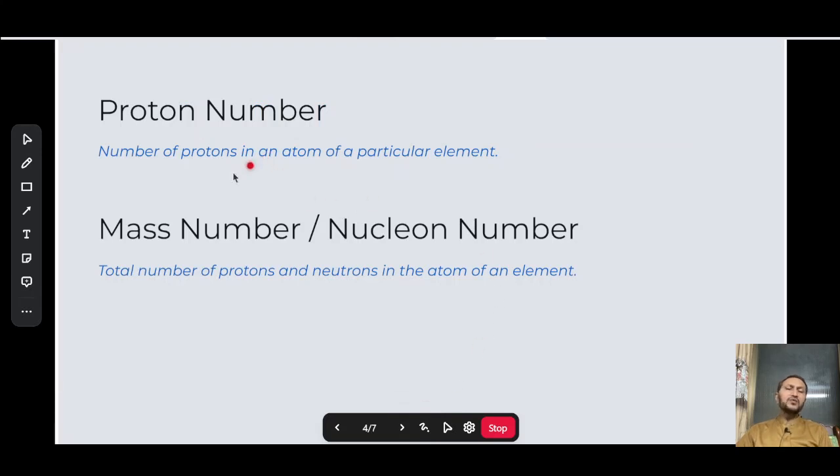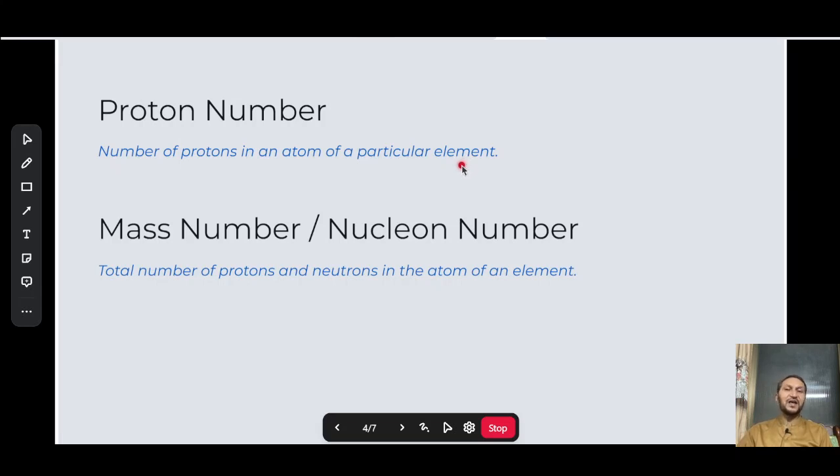Now come to the definition of proton number. Proton number is the number of protons in an atom of a particular element. So proton number is the identity of an element.